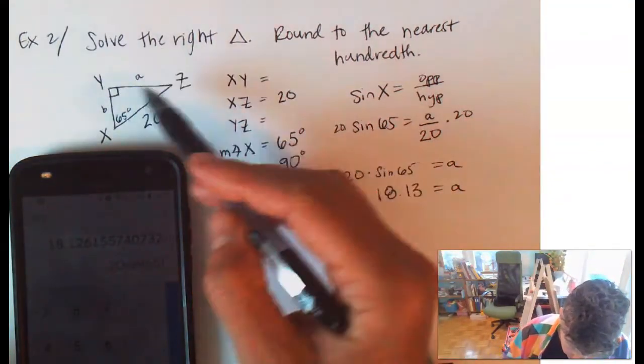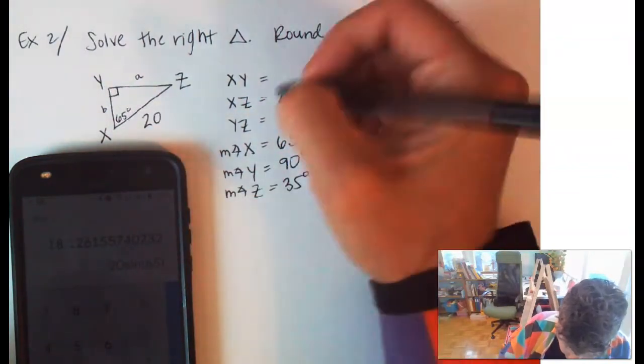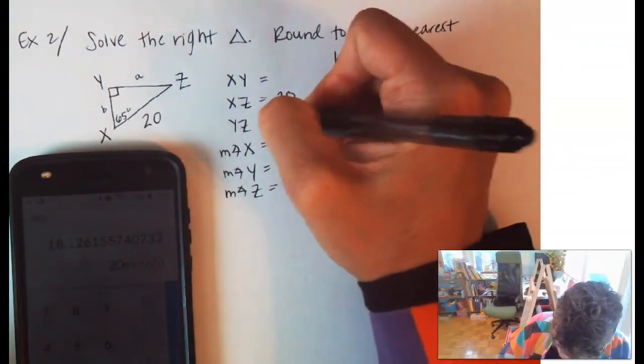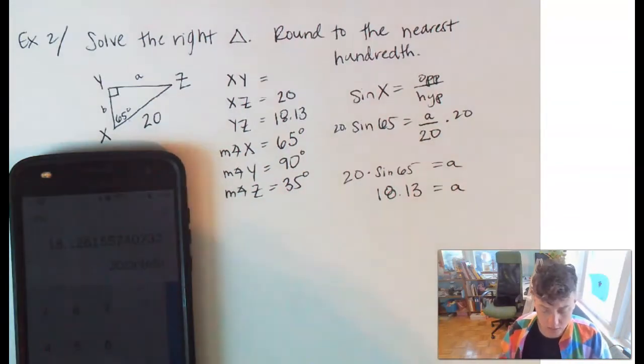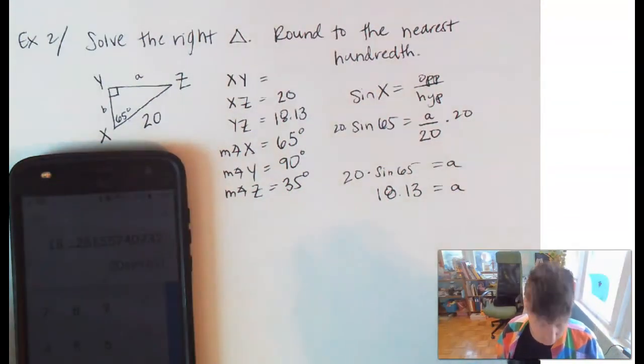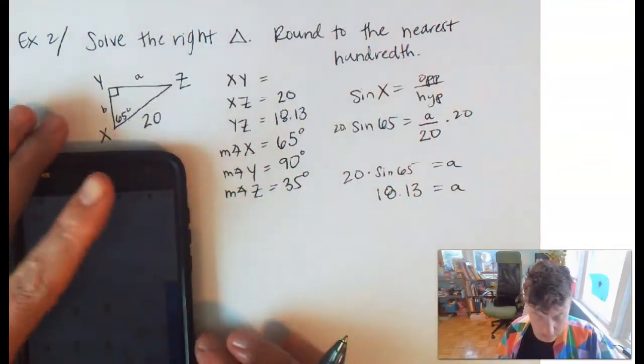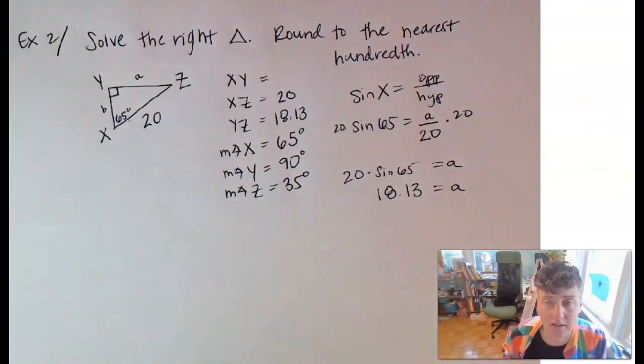A is YZ. YZ is 18.13. Cool. Now, you could use the Pythagorean theorem to figure out the last side.